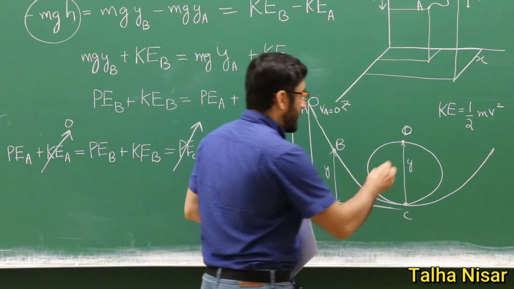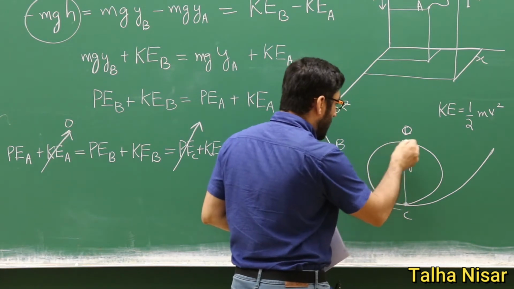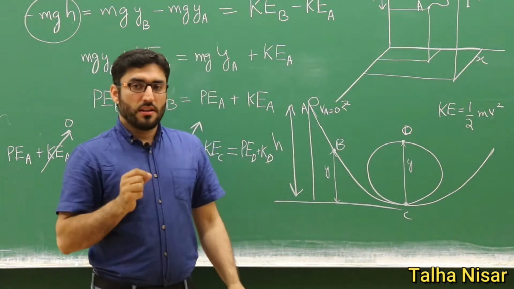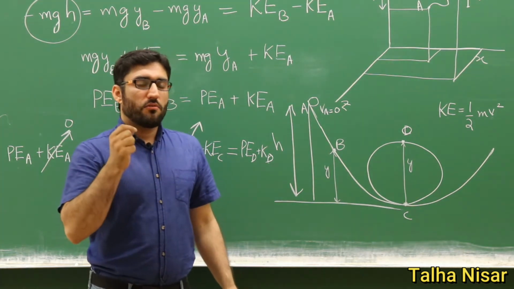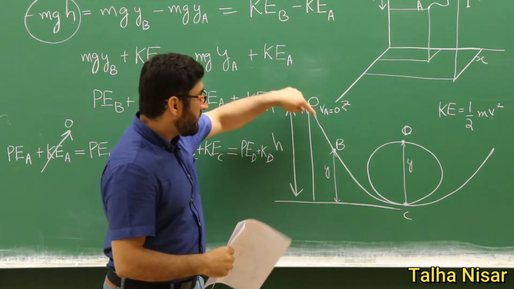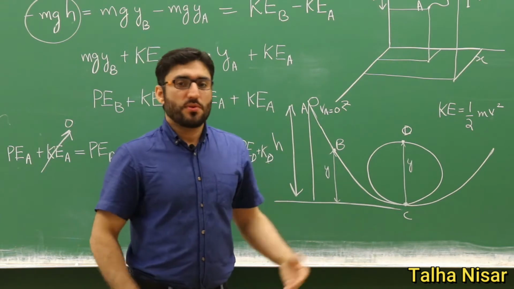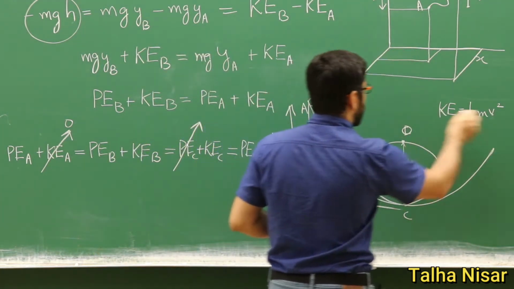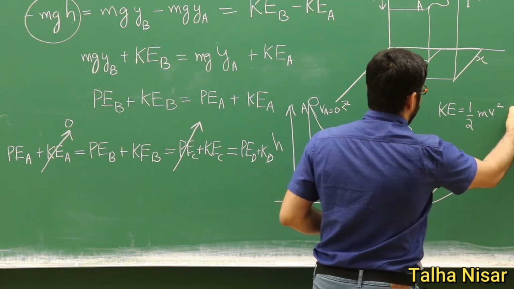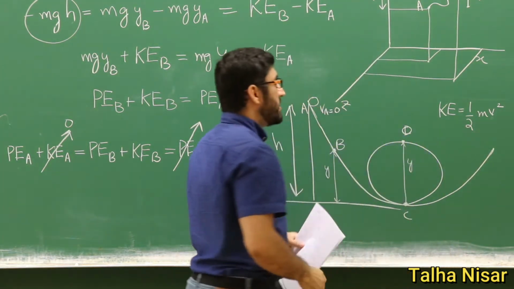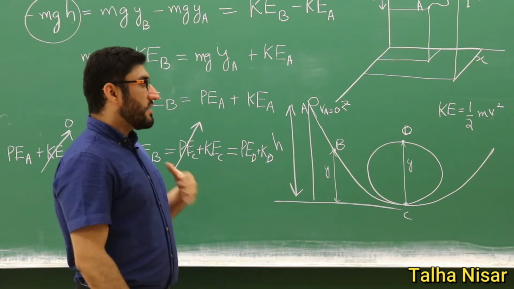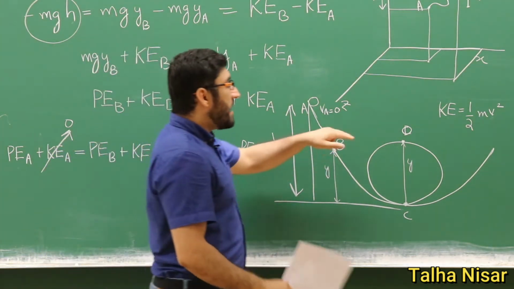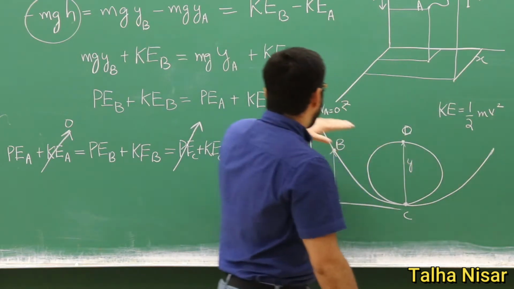And this ball will go like this, and in the ideal case, if we ignore the resistive forces, the frictional forces, and also the air drag, then it will go to exactly the same height as point A, like this. It will reach this point, and this is because the total mechanical energy is always conserved, and it cannot go any higher than this point.